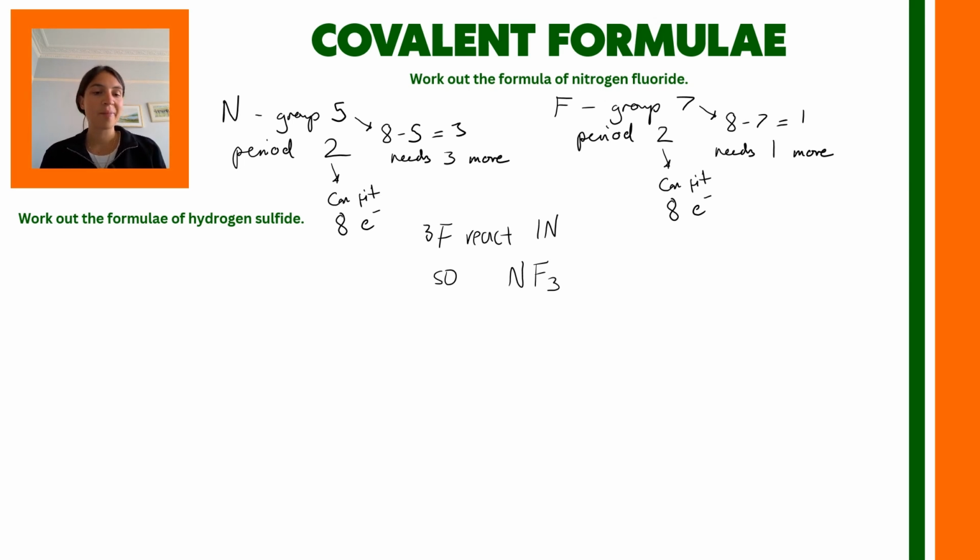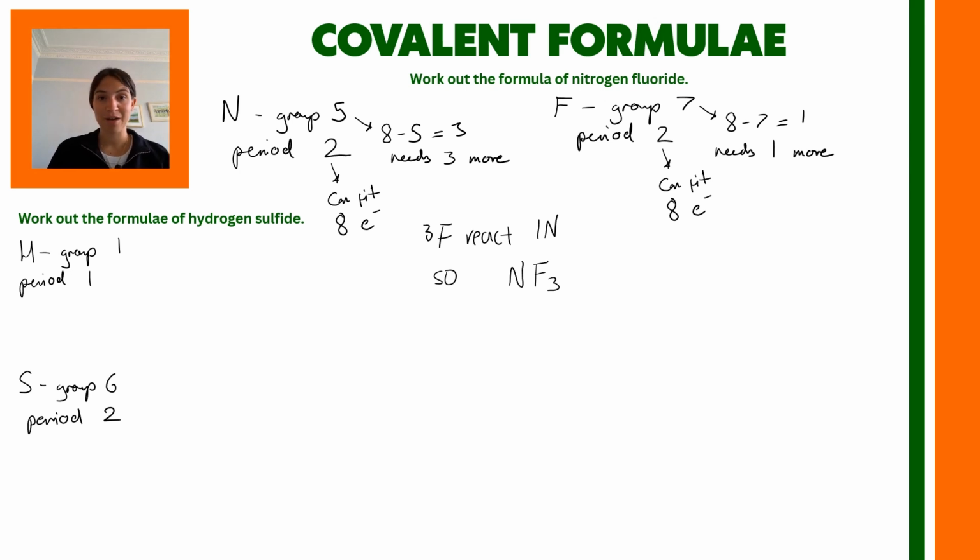Okay, work out the formula of hydrogen sulfide. Your hydrogen is in group 1 and period 1, and your sulfur is in group 6 and period 2. If we look first at your sulfur, because it's in period 2, it can fit 8 electrons in its outer shell.